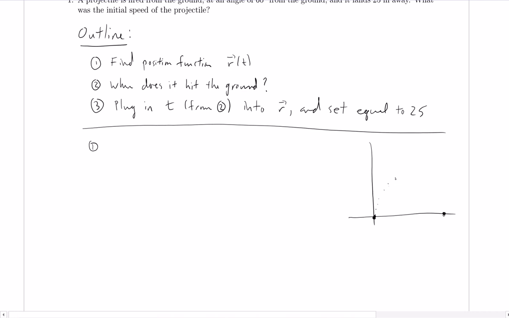The projectile moves in some arc like this, and here's our initial velocity vector. We'll say v for velocity. This is v of 0, the initial velocity. And this distance will be 25 meters, as we were told at the beginning. It lands 25 meters away.